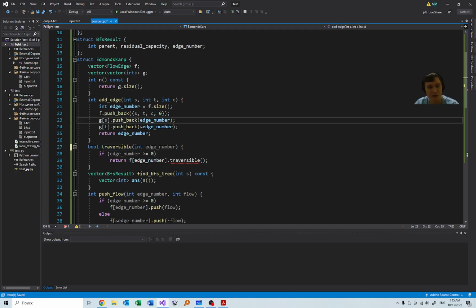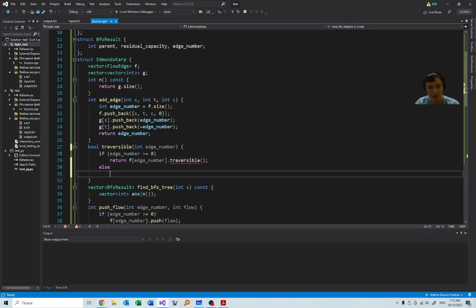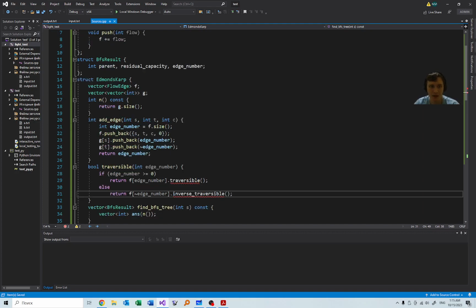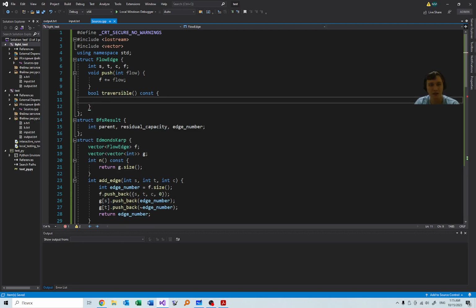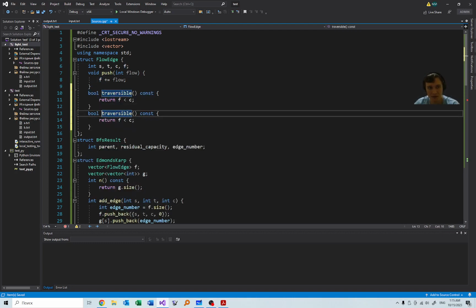Yes, I believe it's traversible. But if it's not, you can make fun of me. Else return f not edge number dot inverse traversable. What is traversable? This means that flow is less than capacity. And what is inverse traversable? This means that flow is greater than 0.